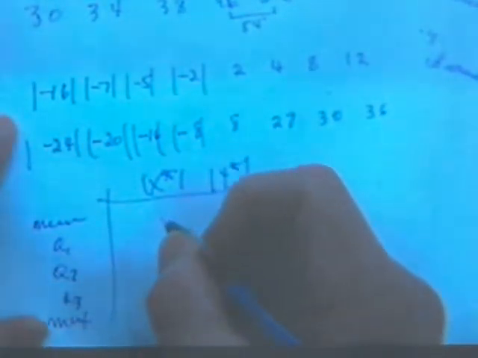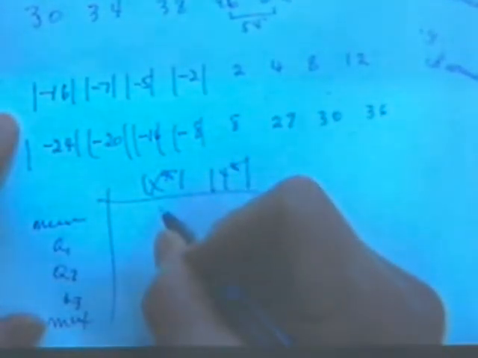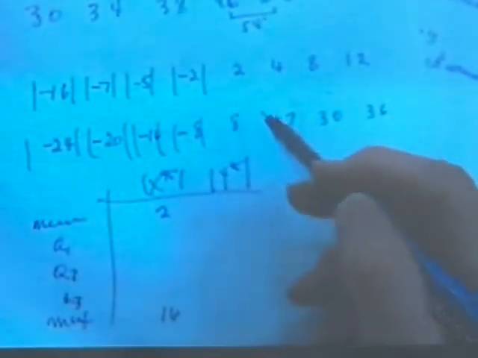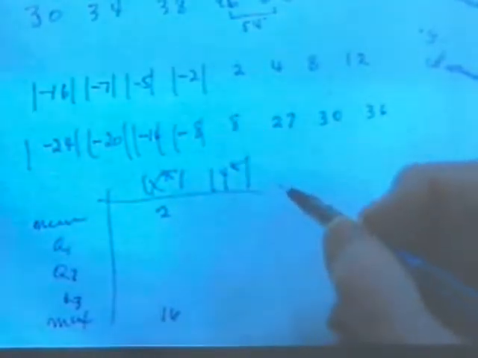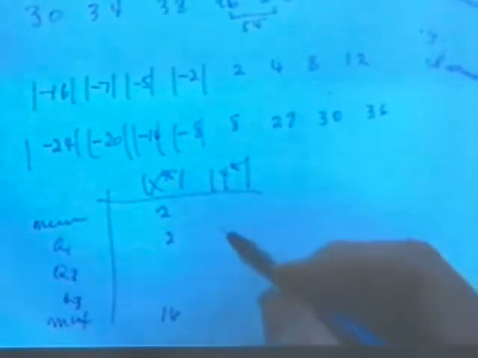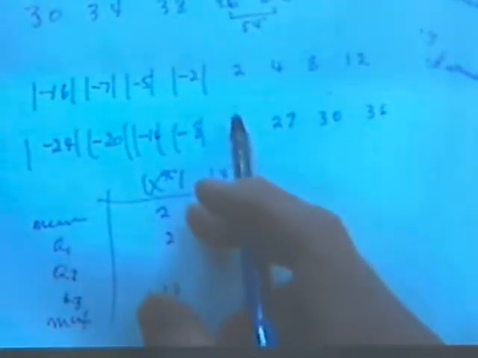So it goes from actually 2 to 16. And then the first quartile would be about the second. It would be an extra 2. Not a very good example. Third quartile would be 12.